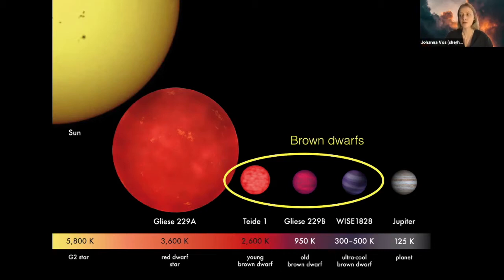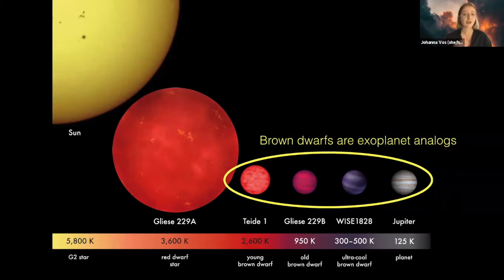The hottest brown dwarfs we know of have temperatures of about 2,600 Kelvin, and the coolest brown dwarf we know of has a temperature of about 250 Kelvin. So some of them can be really, really cold. And the coldest brown dwarfs really overlap with the temperatures of planets. So we can often think of them as exoplanet analogues.